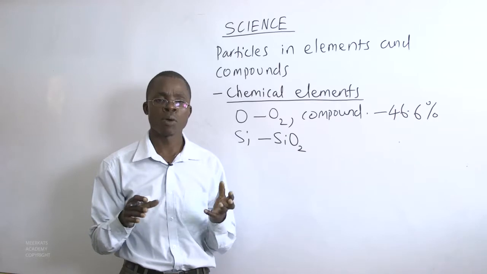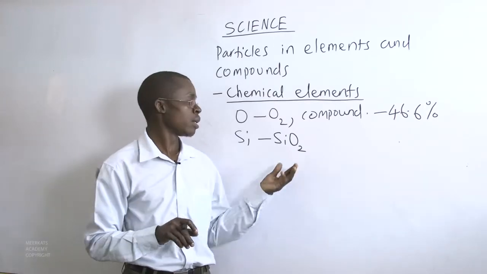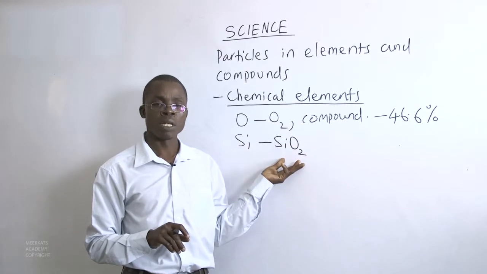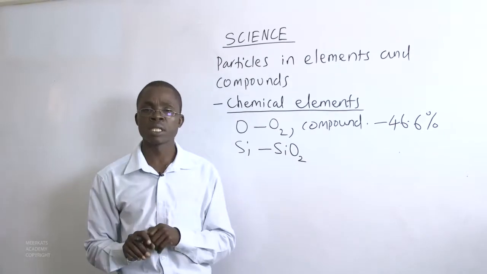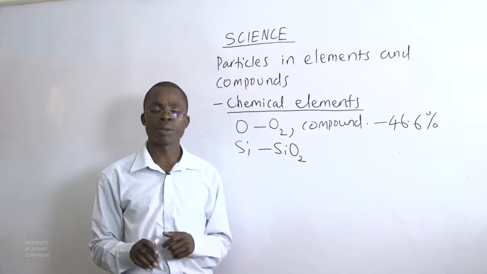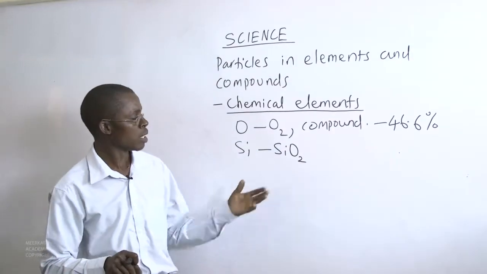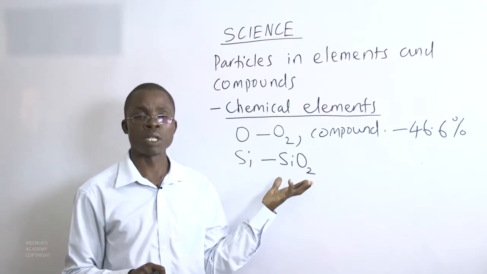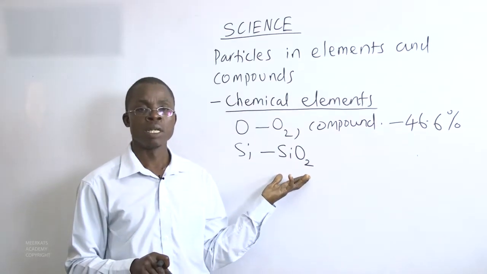So when you talk about pure sand, you are more or less talking about silicon oxide. But here our big interest is which element is present in that compound. The compound we are calling silicon oxide or silicon dioxide.